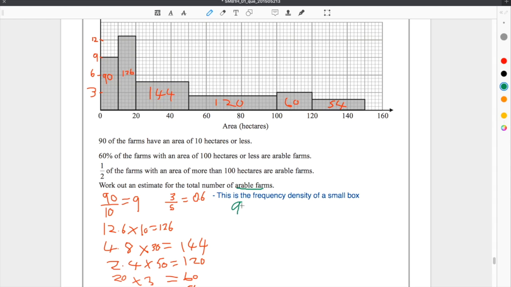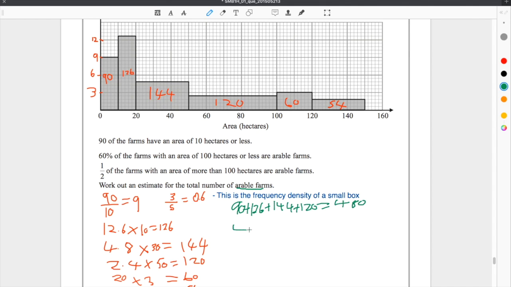So we know that the total number of farms less than 100 is all these frequencies added together, so it's 90 plus 126 plus 144 plus 120. Type that into the calculator. That's 480. And we're looking at 60% of the farms that are arable.